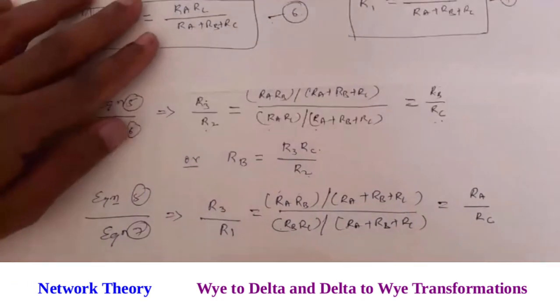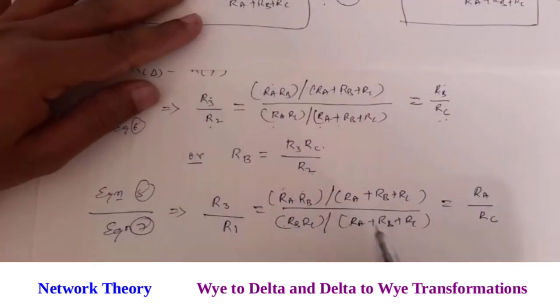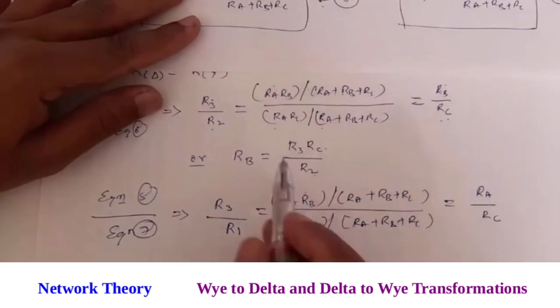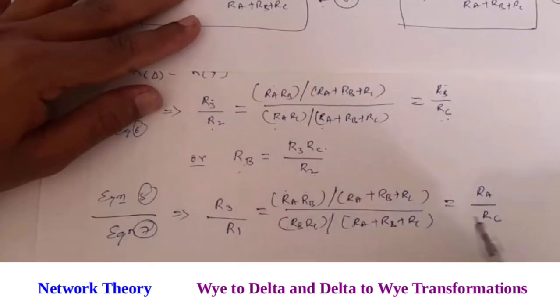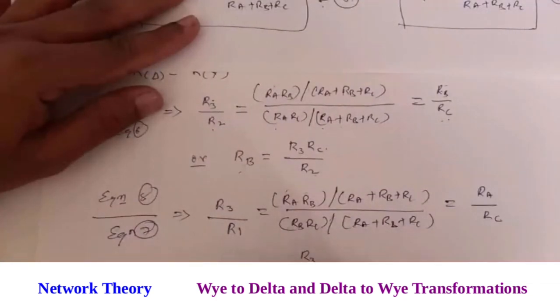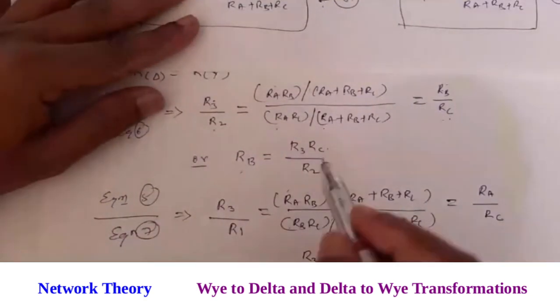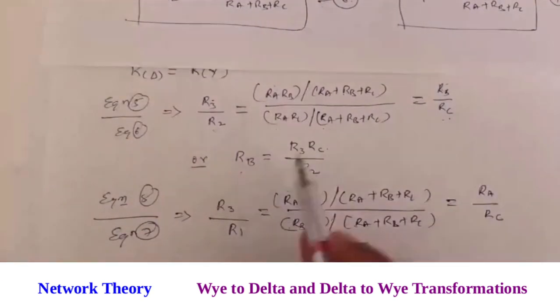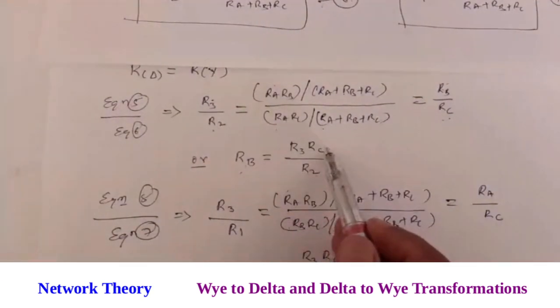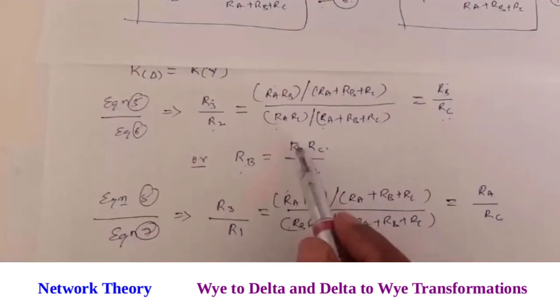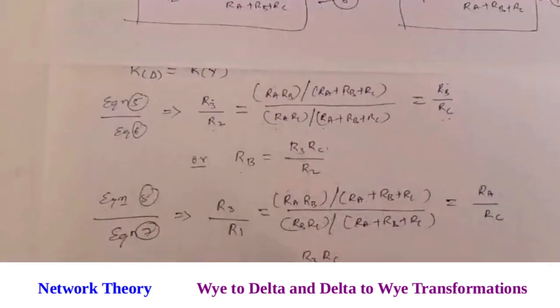Here I had written in terms of RB, here I'll write in terms of RA. RA is equal to R3 into RC divided by R1, right? So here I have got RB in terms of RC and the Y network resistances, and RA in terms of RC and the Y resistances.